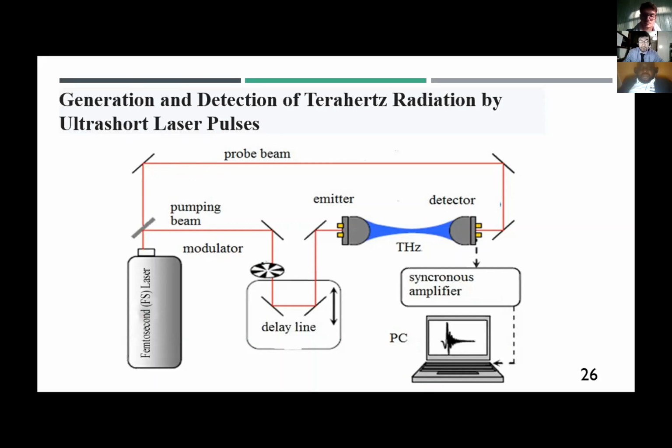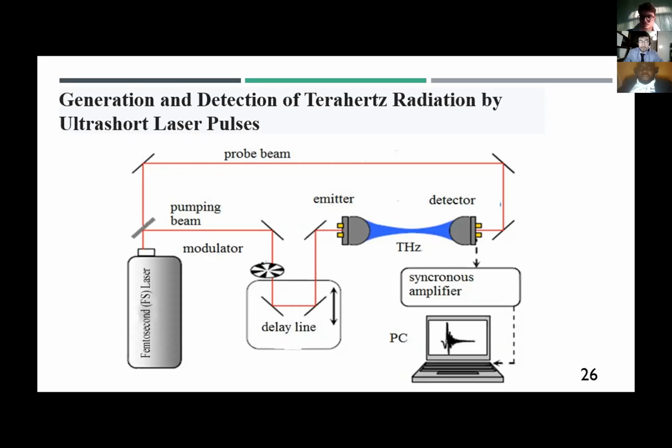The duration of the probe pulse is usually tens of femtoseconds, which is much shorter than the terahertz pulse period, from 3 to 1,000 femtoseconds. Therefore, we can assume that the probe pulse interacts with a permanent field.